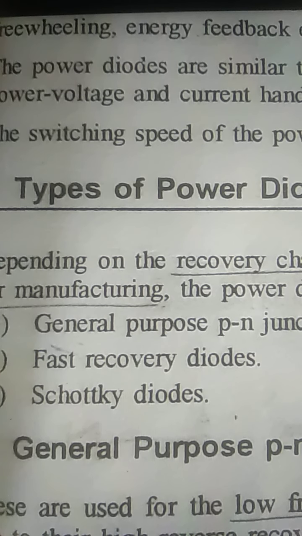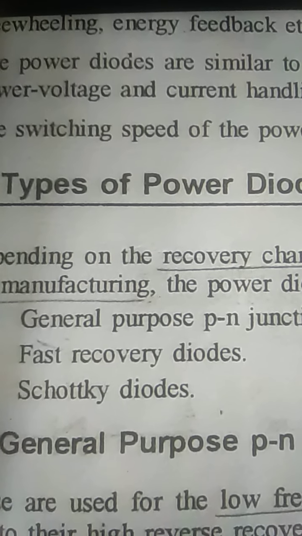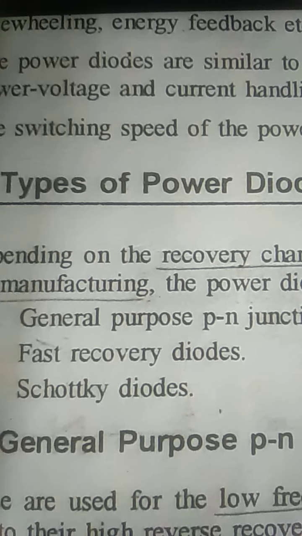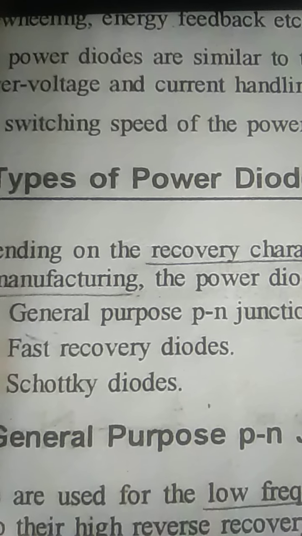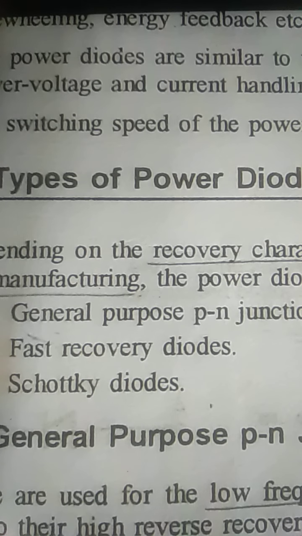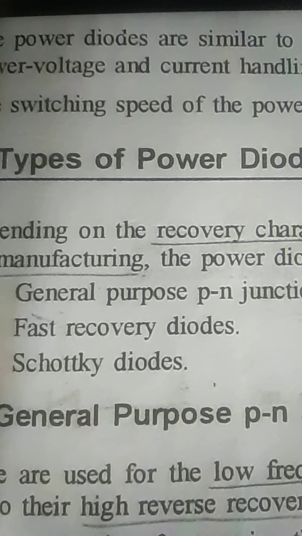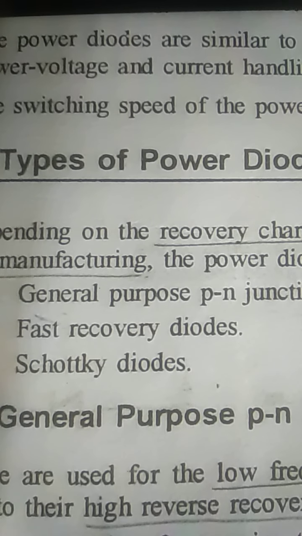Power diode, you know very well, is the device which we use for handling a large amount of current or voltage. Now the construction we'll see later on, but there are three types of power diode.